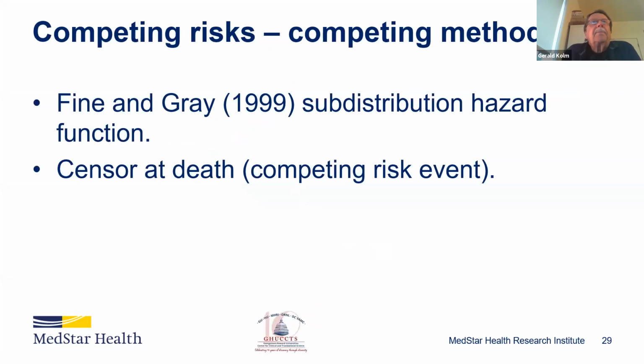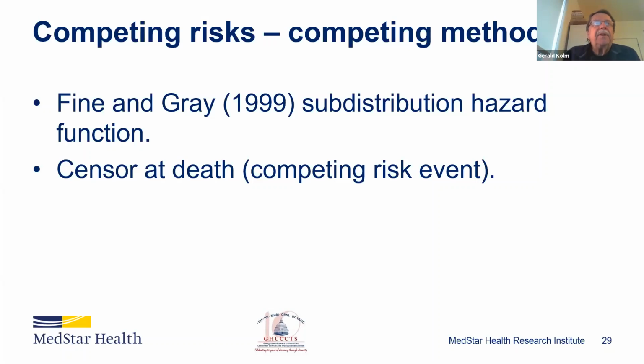And so for analyzing competing risks, there's competing methods. The one that you'll see used most often is the Fine and Gray method, where they calculate a subdistribution hazard function to adjust the hazard function or the survival function of your event of interest. The other way that it is sometimes argued is actually a better way, because of what the Fine and Gray method involves, is just to censor those patients who have the competing risk.